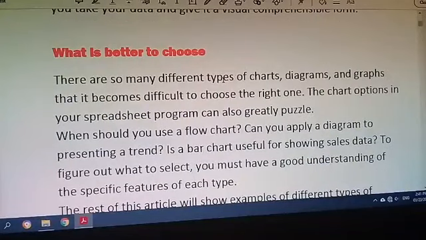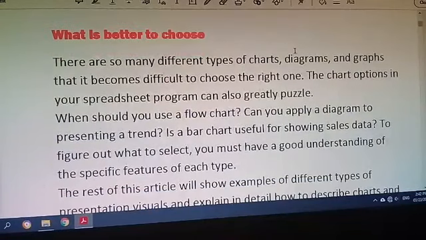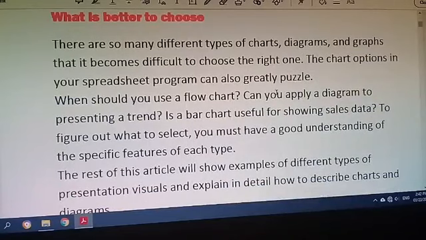Now what is better to choose? There are so many different types of charts, diagrams and graphs that it becomes difficult to choose the right one. The third option in your spreadsheet program can also greatly puzzle. That is, whenever you are shown a chart or a graph you are confused.